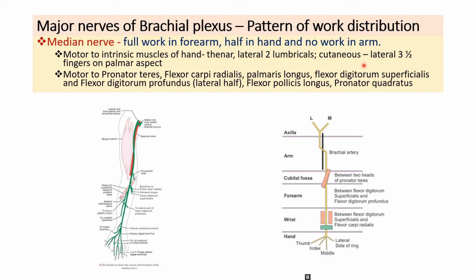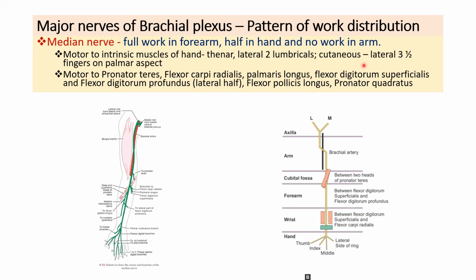Then coming to the branches it is giving in the forearm. They are the pronator teres, the flexor carpi radialis, the palmaris longus, the flexor digitorum superficialis, and lateral half of flexor digitorum profundus, the flexor pollicis longus and pronator quadratus.